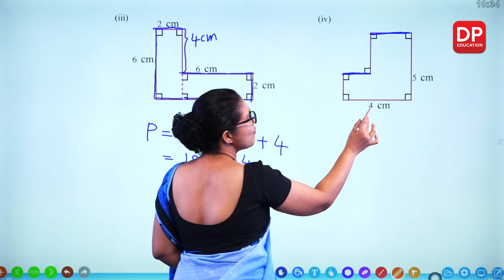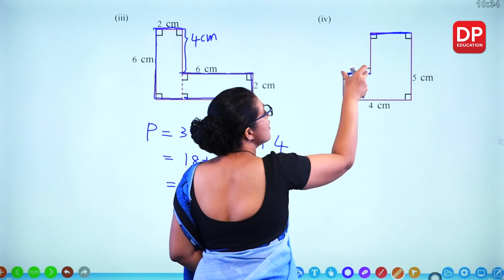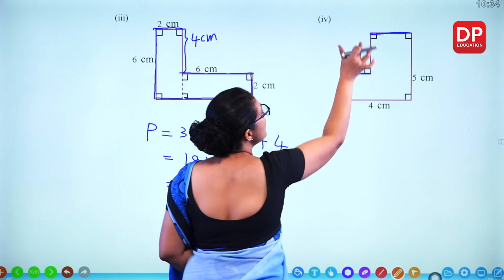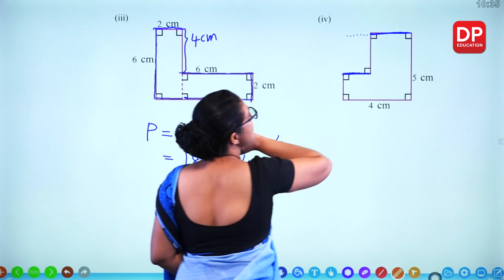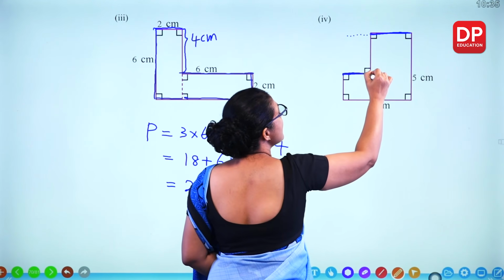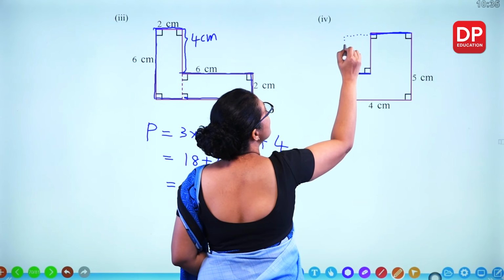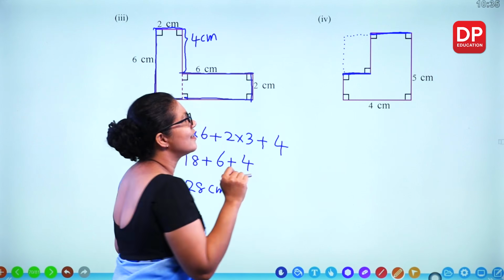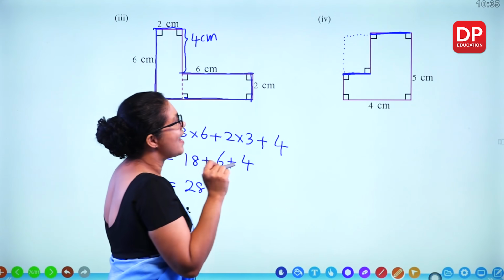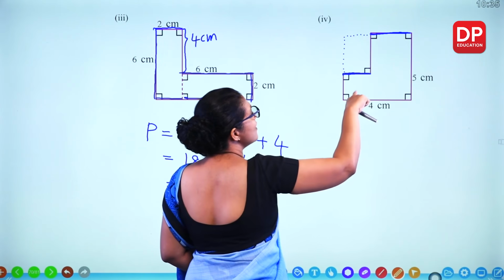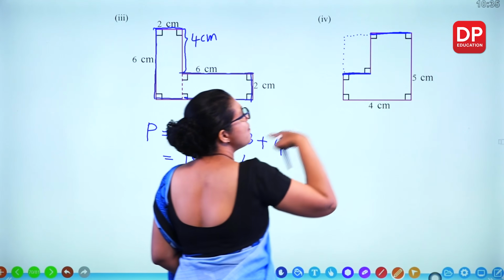The total length, 4. So take this length and move it up. So you get here. This length, move it there. So what do you get? This is same as a rectangle. So length is 5, breadth is 4.